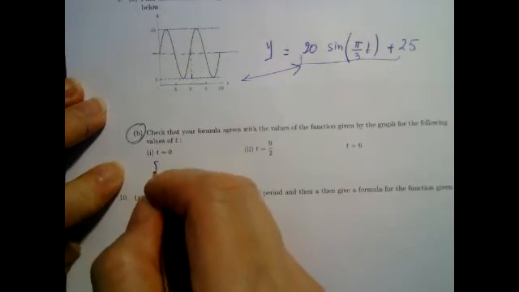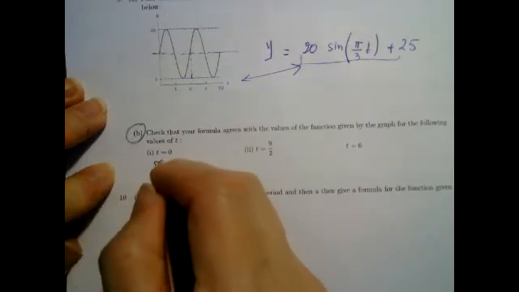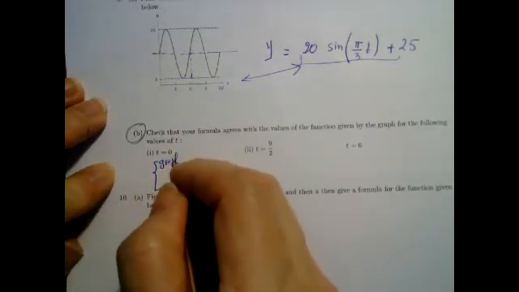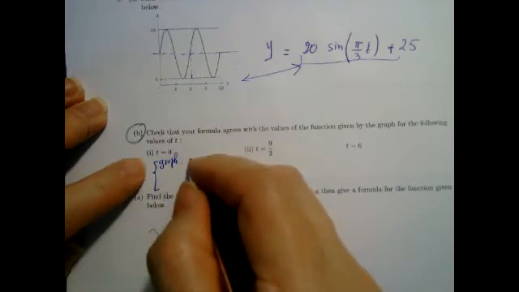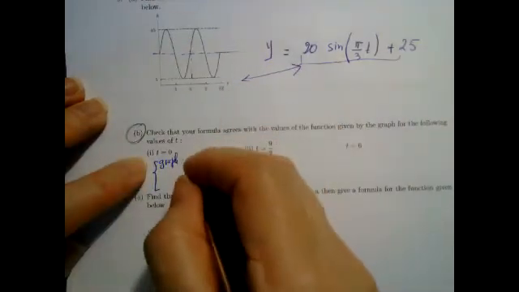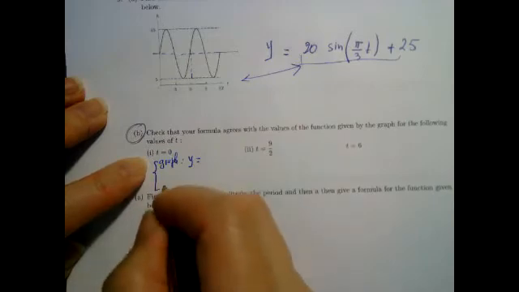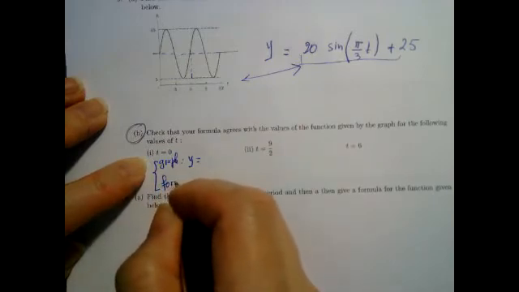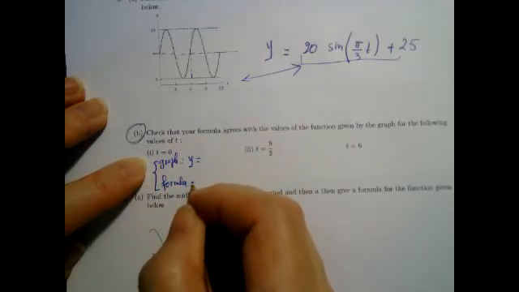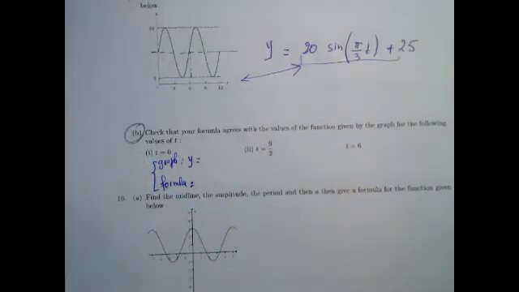For t equal to 0, what does the graph tell you? What should be the y value? And what does the formula tell you? And do they agree?